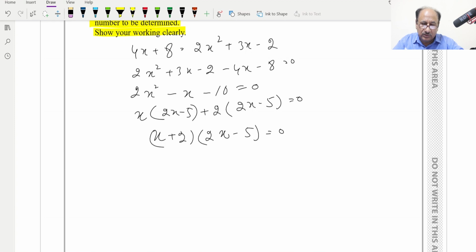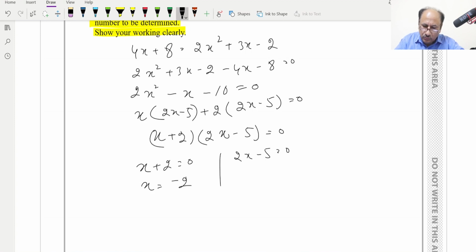Now we can do the next step. x plus 2 is equal to 0, or 2x minus 5 is equal to 0. This implies x is equal to minus 2, and x is equal to 5 over 2, or 2.5, whatever you like.